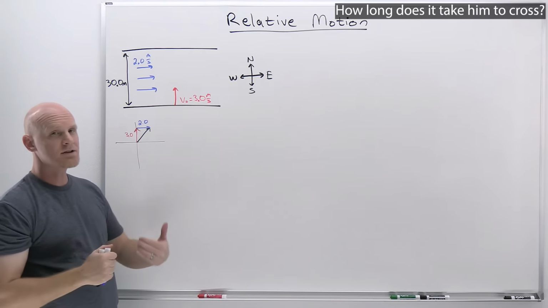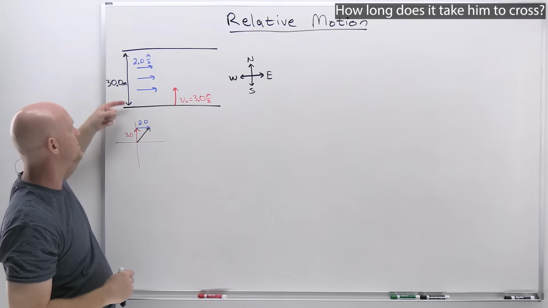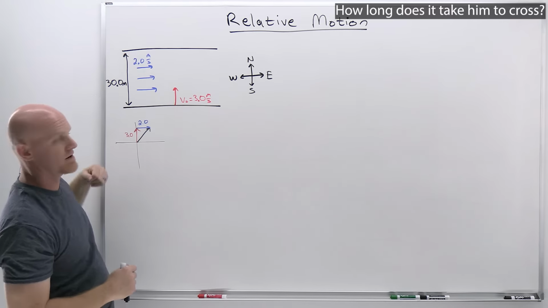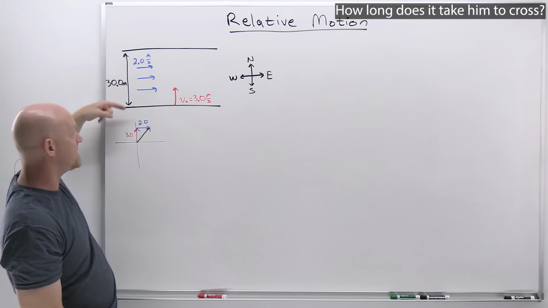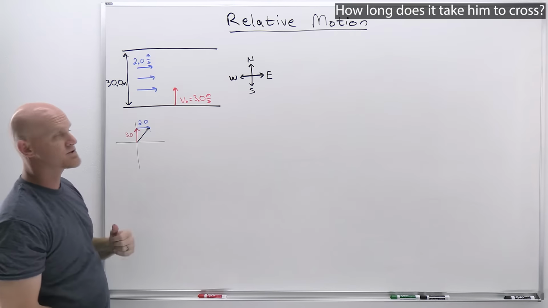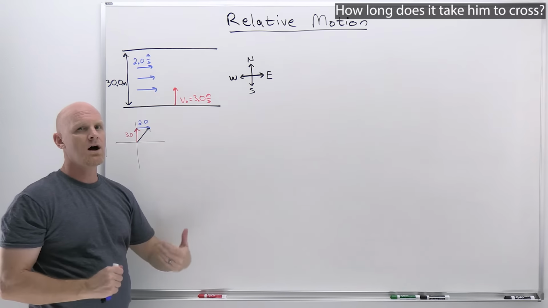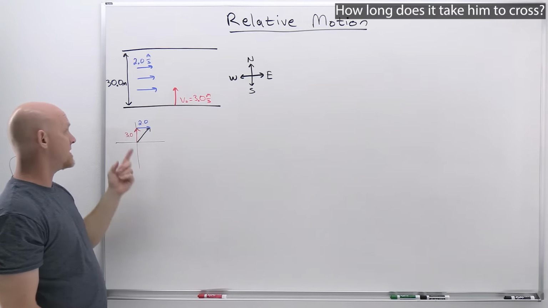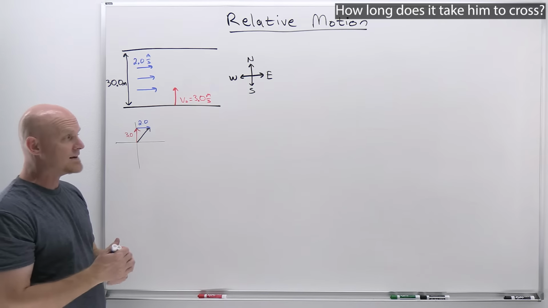For how long it takes him to cross, we're going to deal with just a single dimension. We know the displacement in the y direction, the north direction, is 30 meters. So all we need to know is his velocity in that direction. Fortunately, it's already broken up into components quite nicely.